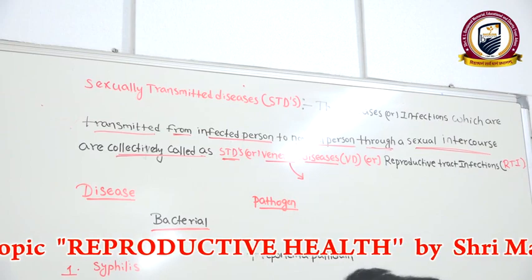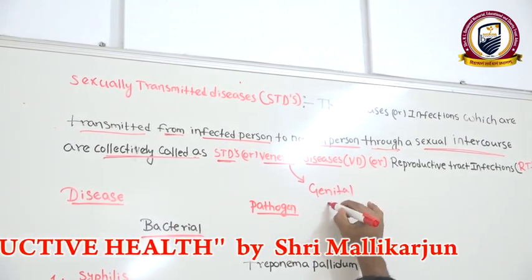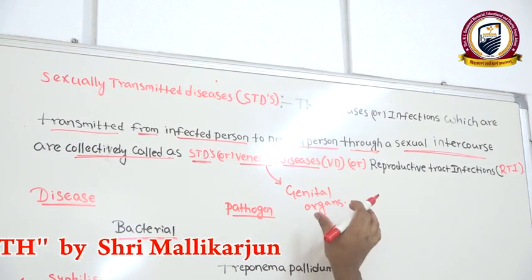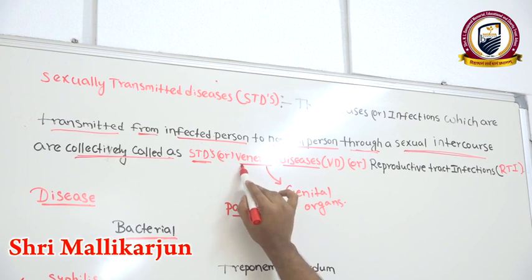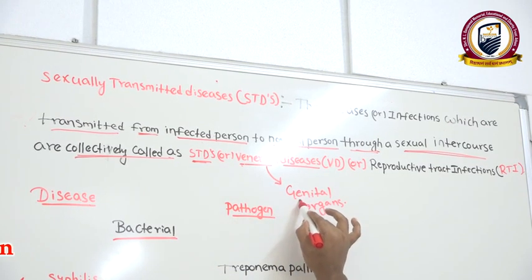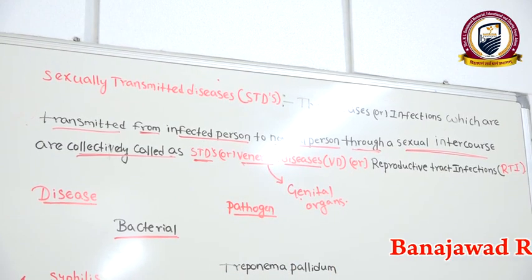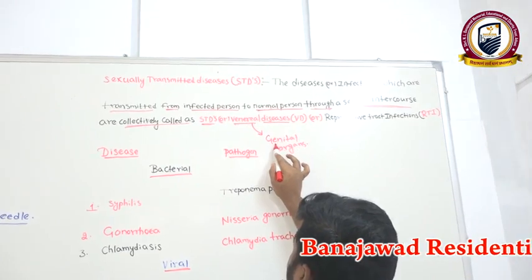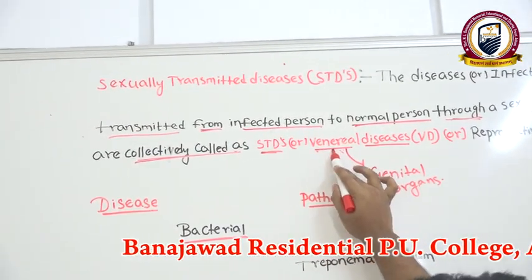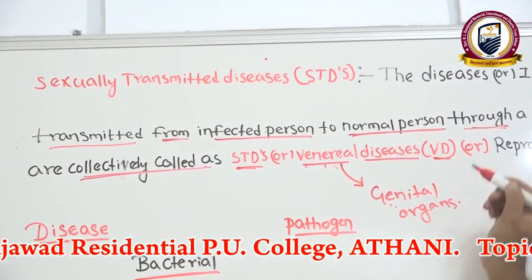The diseases which occur in the genital organs, the diseases which are caused through the genital organs, we can call venereal diseases, simply VD.